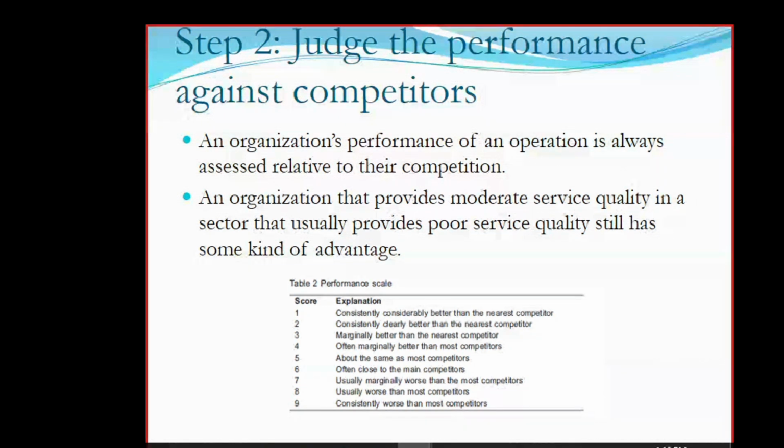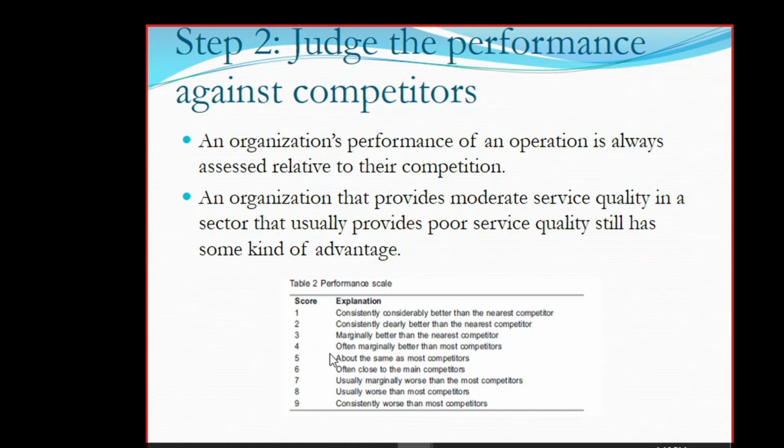So here, as Apple, I want to assess my work, my performance. If I am consistently, considerably better than the nearest competitor, I will give myself a score of 1. If I'm always worse than most of my competitors, I will give myself a score of 9.